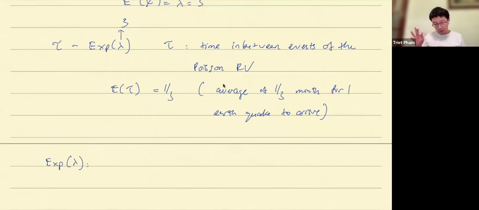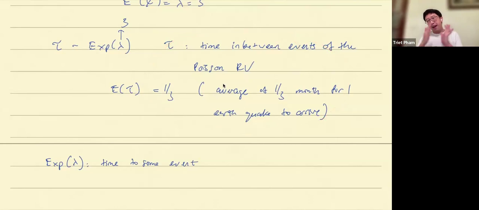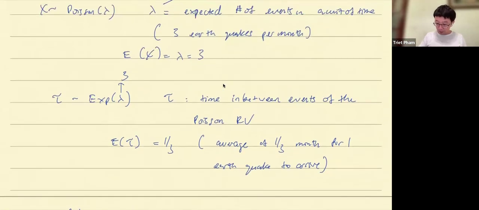But for now, the most basic example is time to some event, which, by the way, we just talked about right here. It's really smack in the context of a Poisson model. If you have arrival of events according to Poisson, then the time is between events, including the time to the first event.